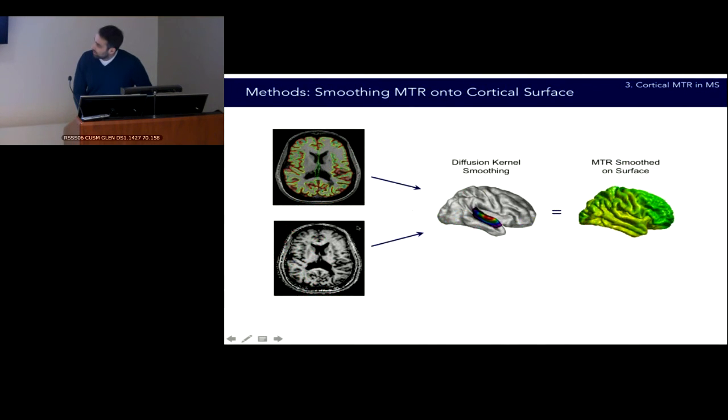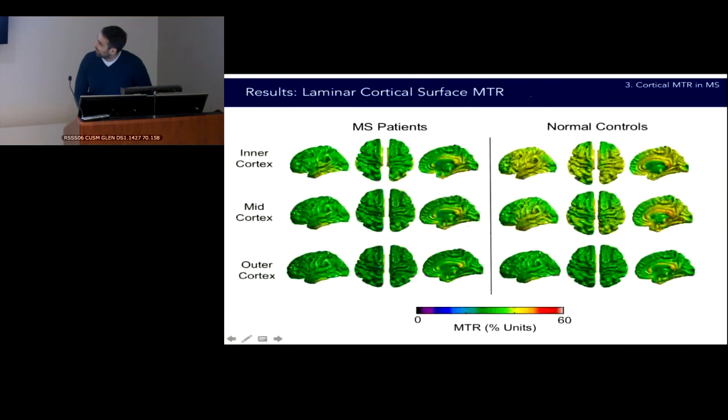And so methodologically, we took the MTR maps, which are relative measures of myelin content. We smoothed them along the cortical surface using a 10 millimeter geodesic diffusion kernel. And then what you get from that is maps of MTR on the cortical surface for MS patients and for normal controls.